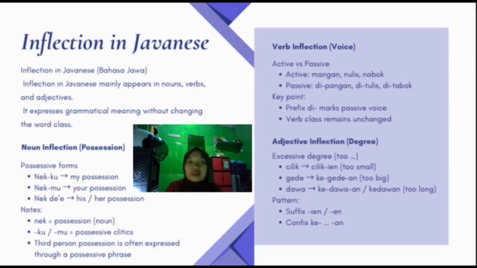And for the last one, in adjectives, inflection is used to express excessive degree, meaning too, or in Indonesian we can say terlalu.